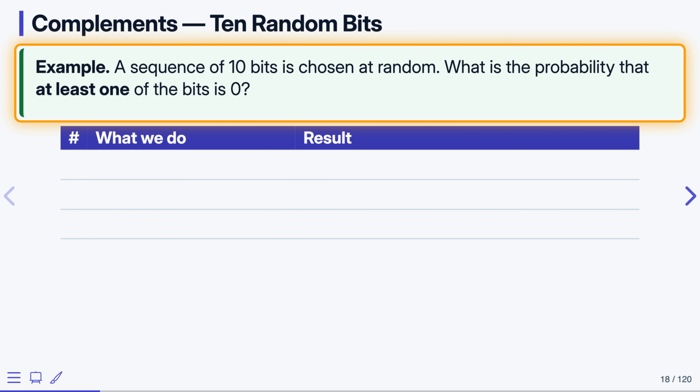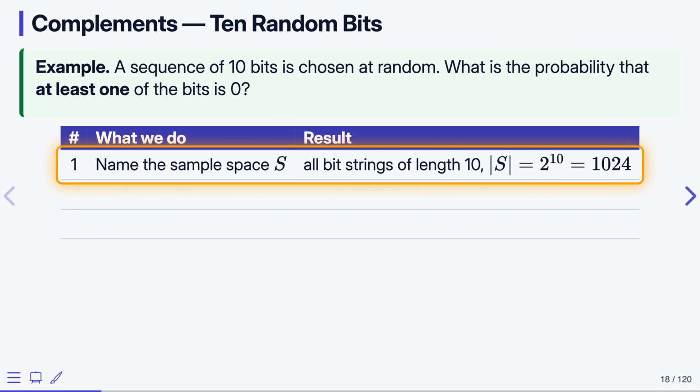We pick 10 random bits, and we want the chance that at least one of them is a 0. Step 1. Name the sample space. It is every bit string of length 10. Each of the 10 places is a 0 or a 1, so there are 2 to the power 10 strings. That is 1024.